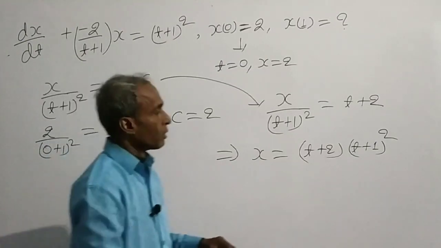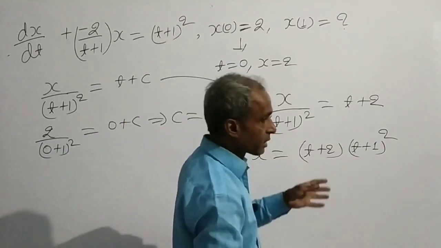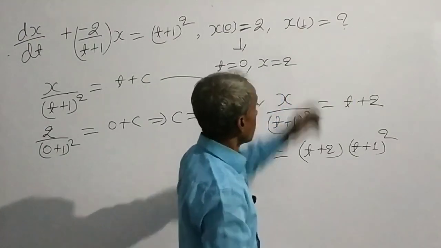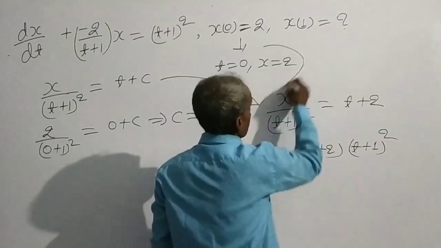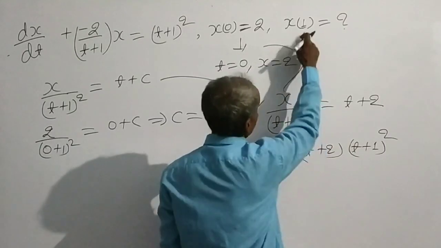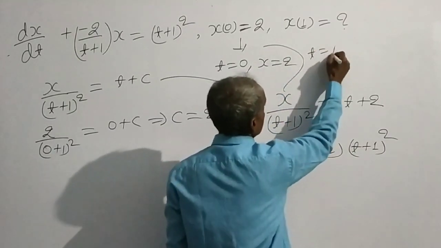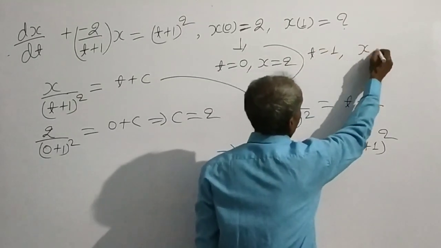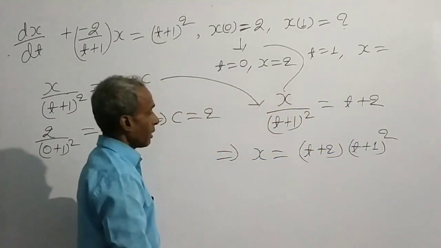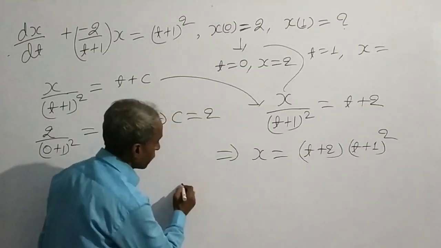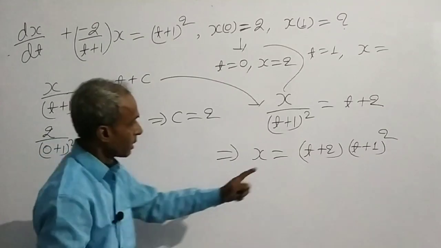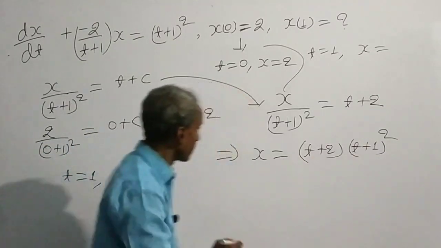Now we are asked to find the value of x1. That means when we put the value of t as 1, then the value of x is equal to what? When t is equal to 1, then we write 1 in place of t.